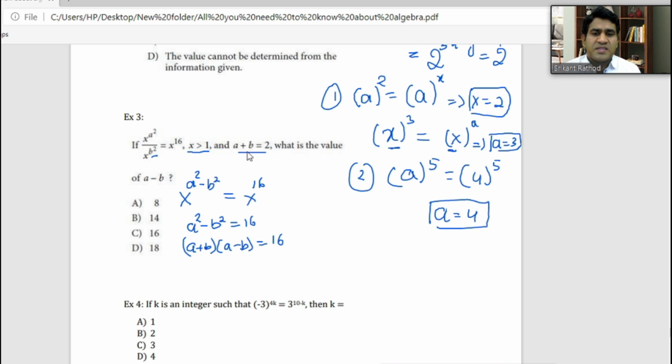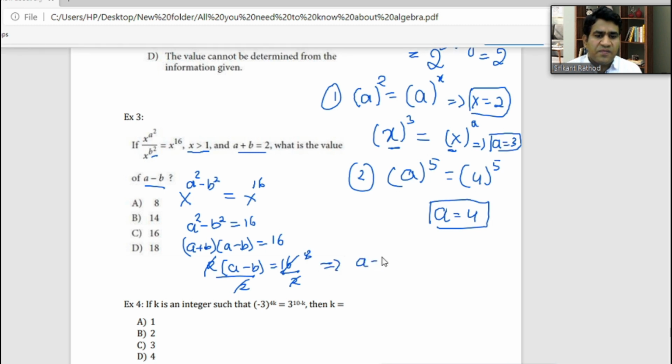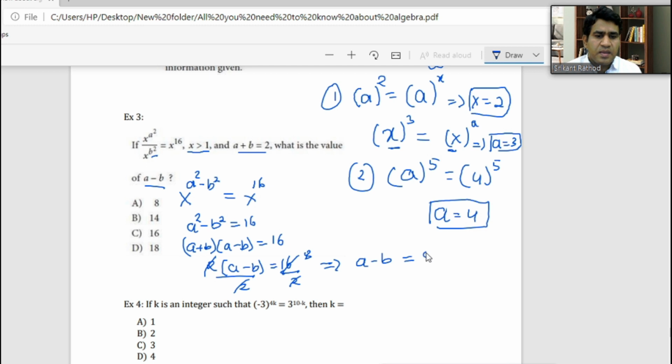Now I can replace a plus b with 2, so this becomes 2 times a minus b is equal to 16, but we are looking for the value of a minus b. So divide this expression by 2 to get the value of a minus b. The 2 and 2 get cancelled out. 2 times 8 is 16. So that gives the value of a minus b as 8. So answer A is the right choice for this question.